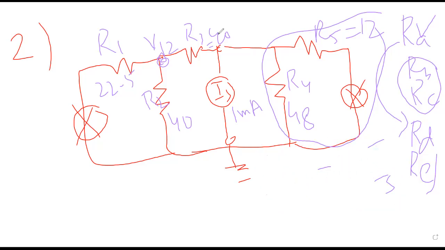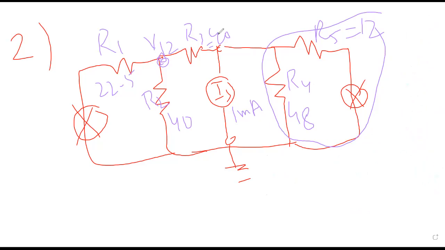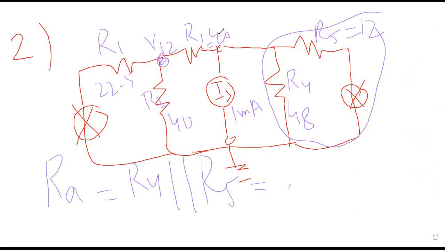For the solution, first comparing RA. RA is basically R4 parallel to R5, which I calculated in loop number 1. So this equals R4 multiplied by R5, whole divided by R4 plus R5.